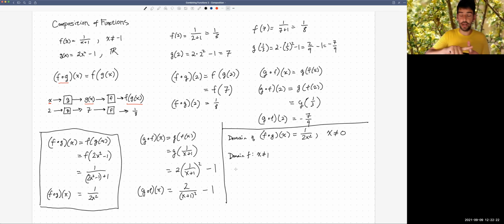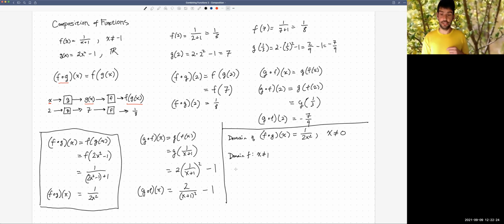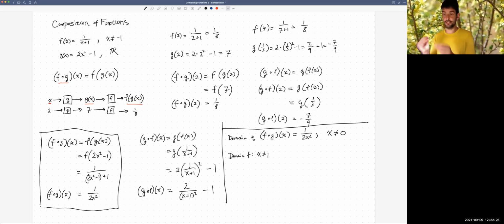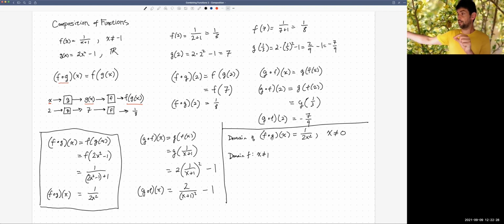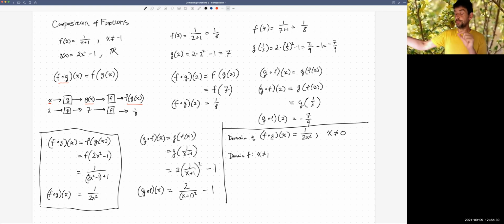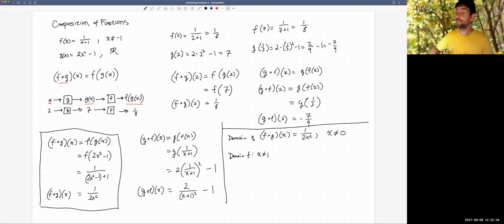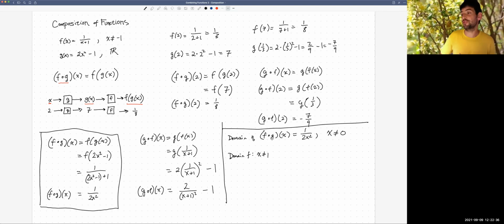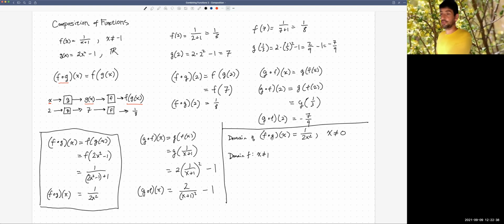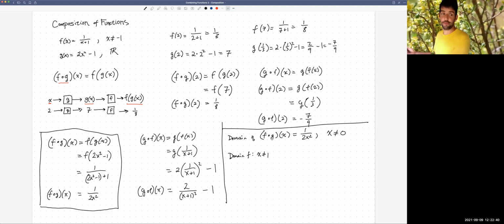And think about what our composition does. We put a value into the function g, g spits out a value for us, and then we put that number into f. So what we need is to make sure that the thing that g spits out doesn't cause f problems, right?